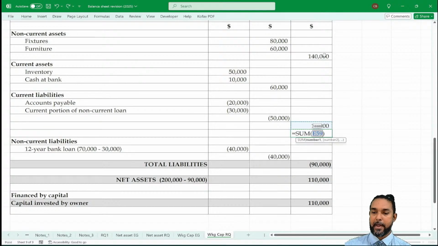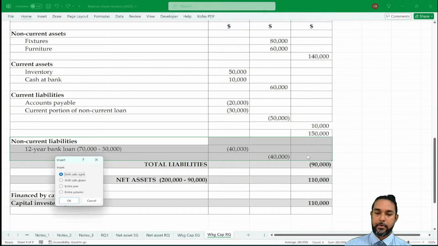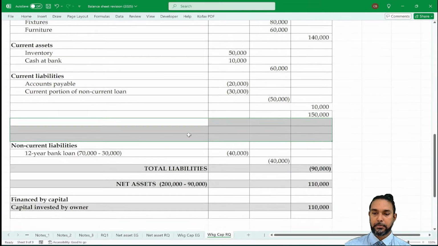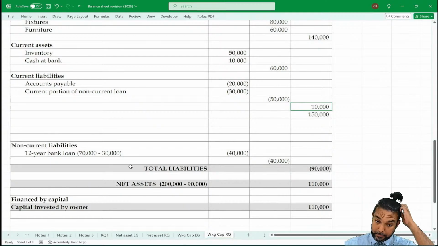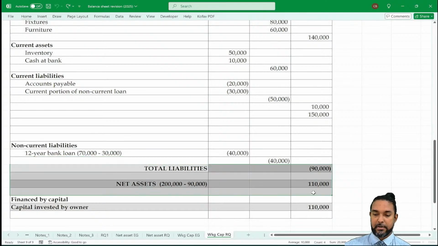From here, I'll add and get 150, right? Now, when you are doing a long-term financing approach, you don't have net assets, right?